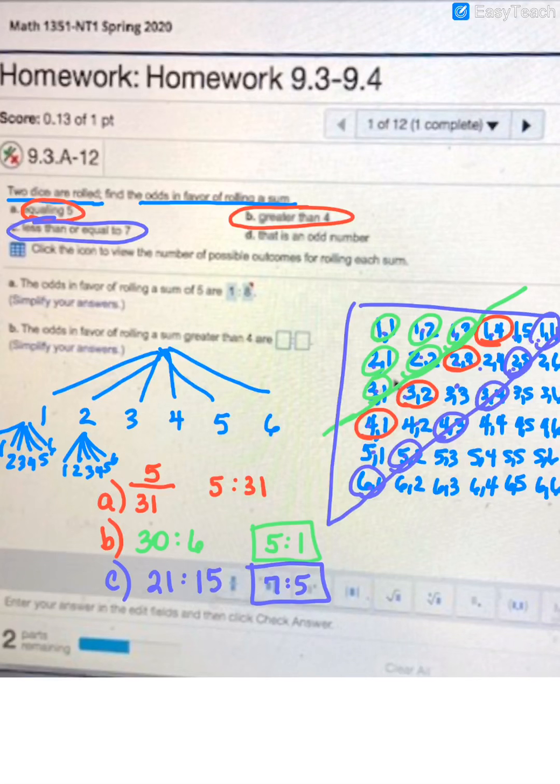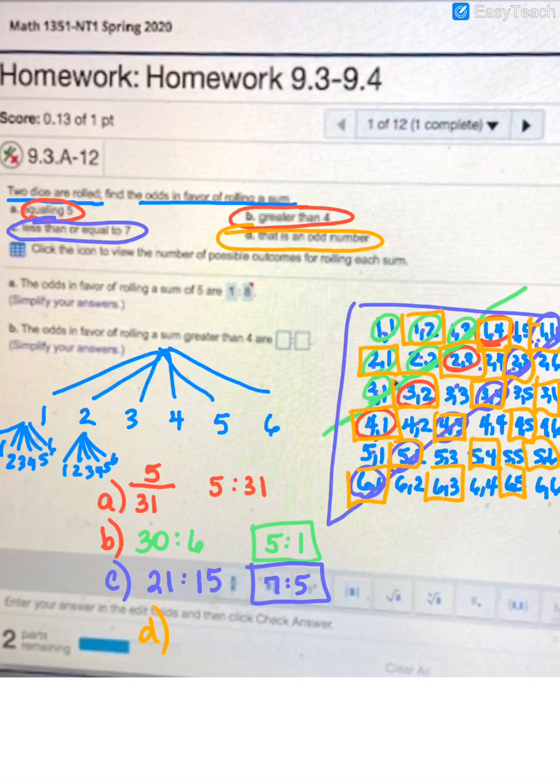And then finally, the last question asks about the odds in favor of rolling a sum that is an odd number. So my odd number sums would include sums of 3, which are these, sums of 5, which would be these, sums of 7, sums of 9, and sums of 11.